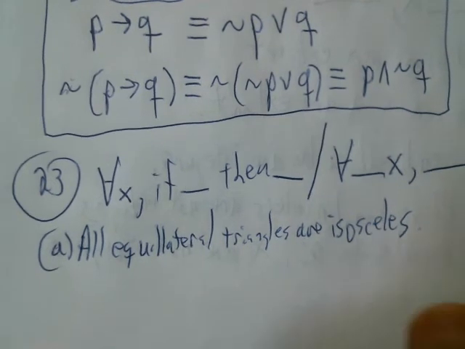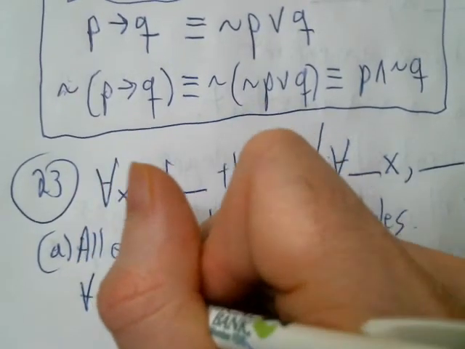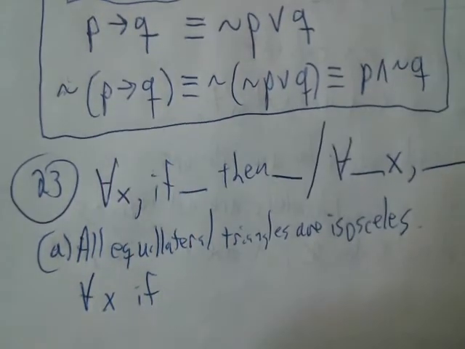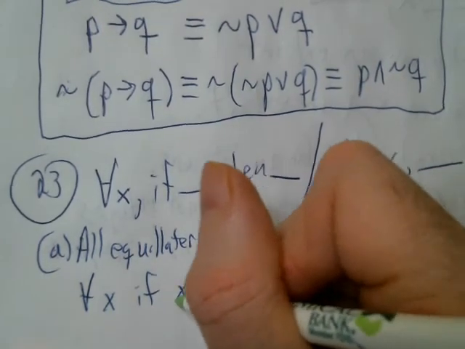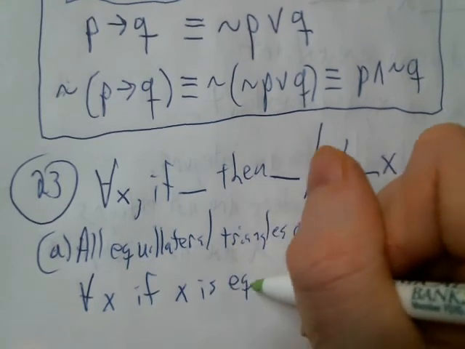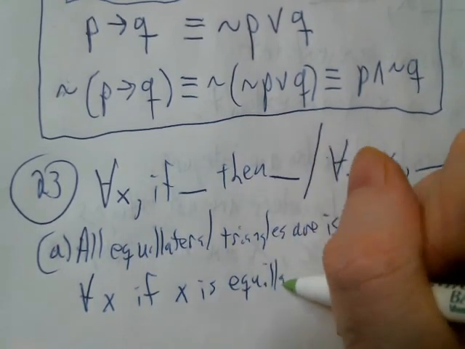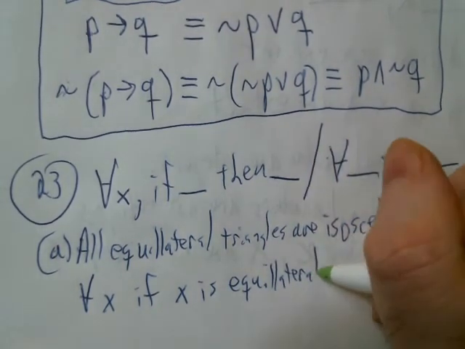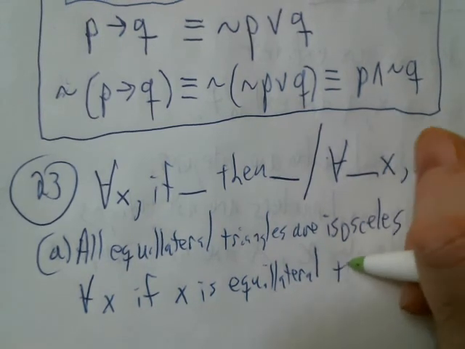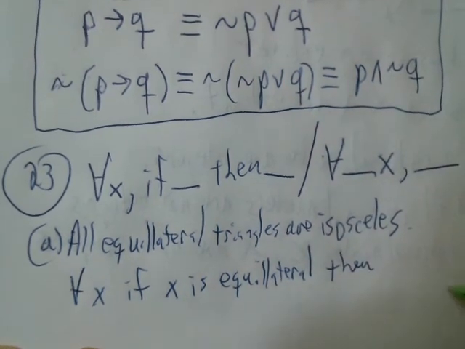For the first case, I'll say for all x, if x is equilateral, then x is isosceles.